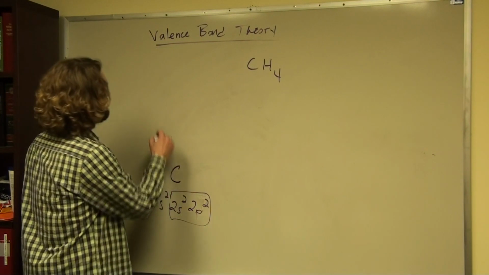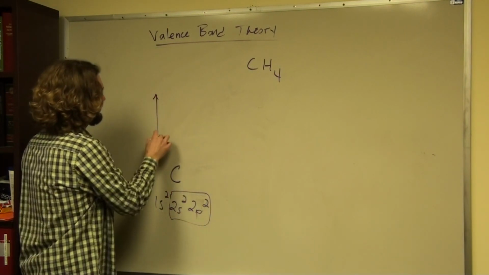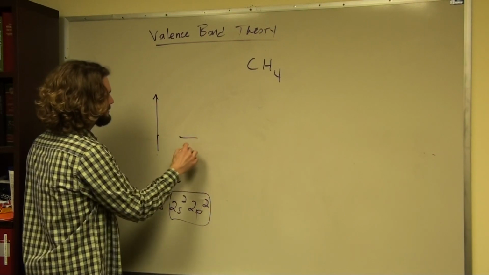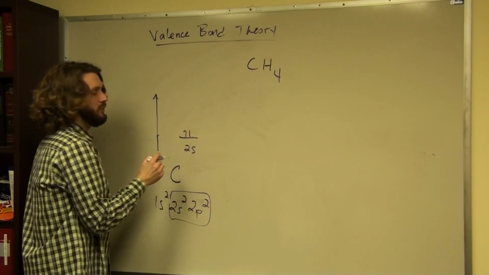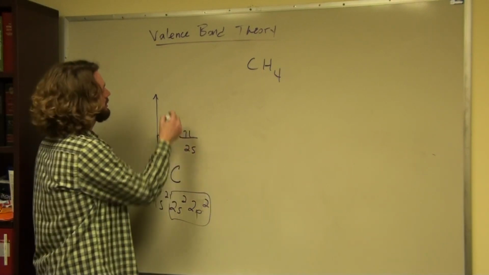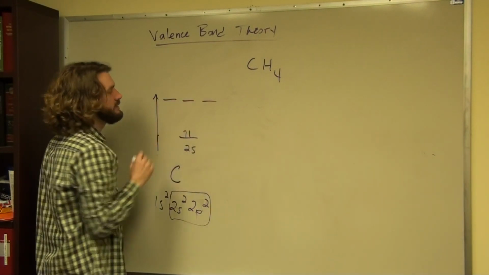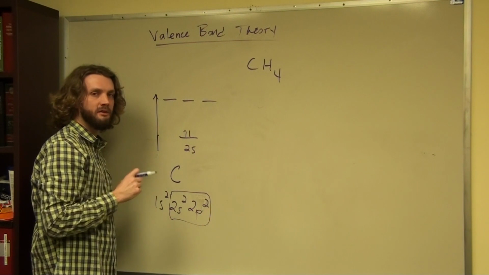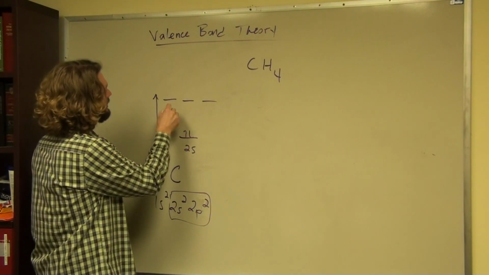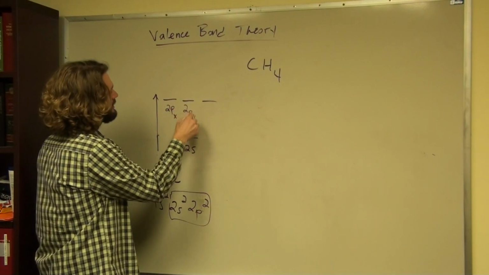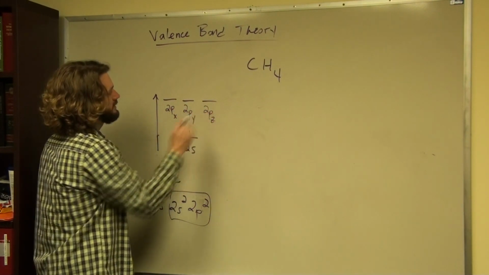So if I were to draw an energy level diagram with these orbitals in there, let's say this is my 2s orbital, has 2 electrons. We know that we have 3 degenerate 2p orbitals. They look like this, they're higher energy because a p orbital is higher energy than an s subshell, and so on. So here's the 2px, 2py, 2pz, right?